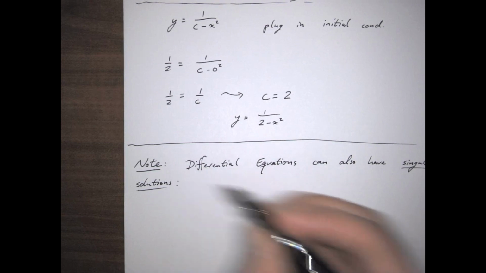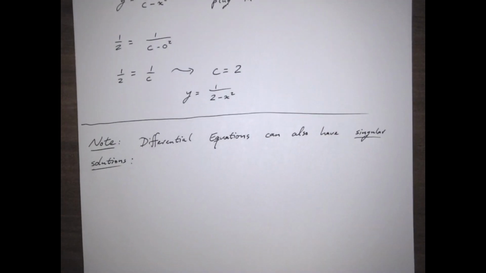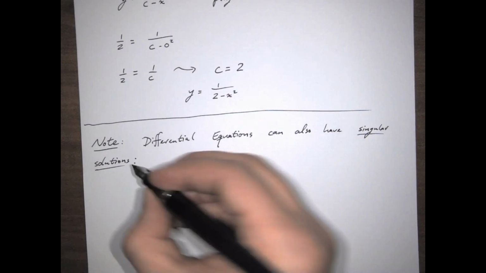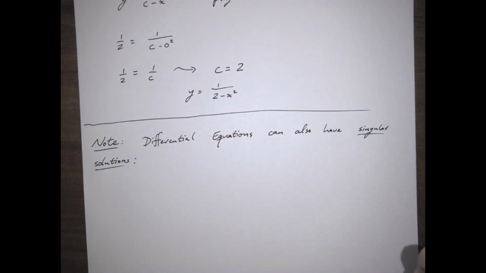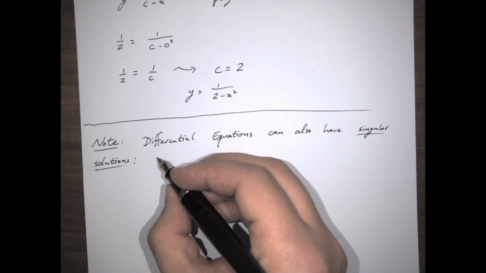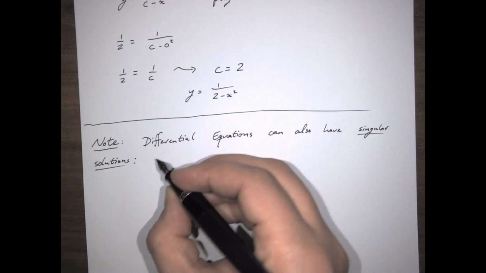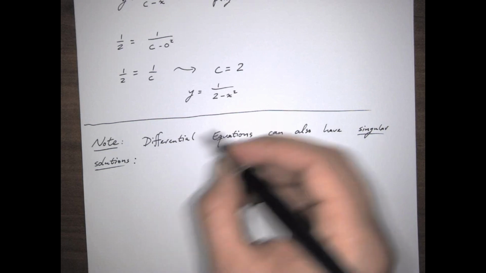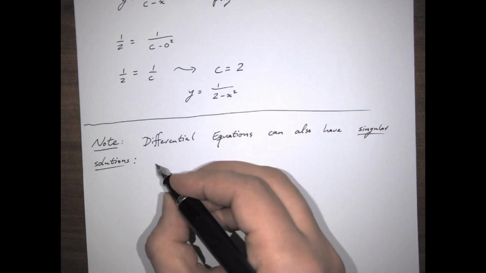So singular solutions, these are constant value solutions for y that don't fit into the family as parameterized by the constant.